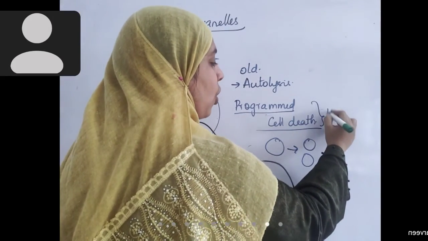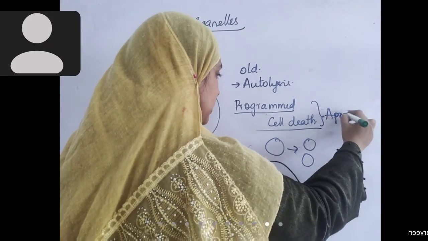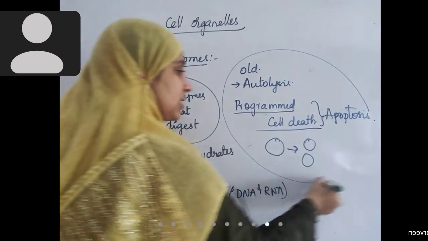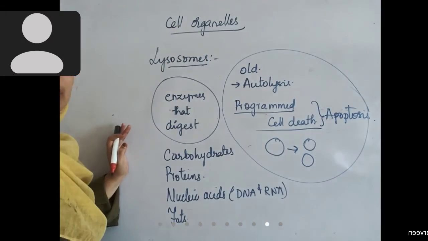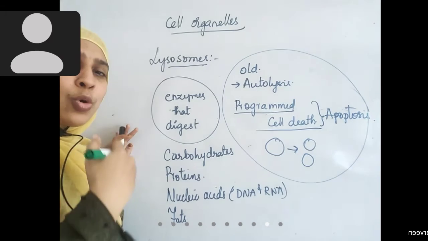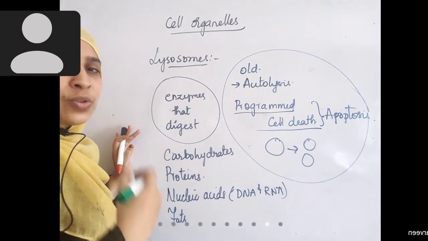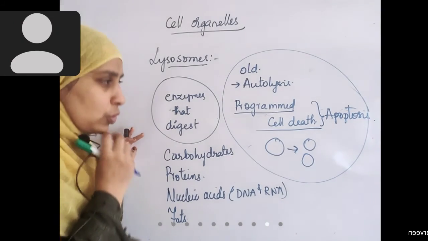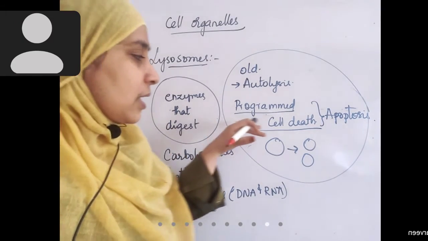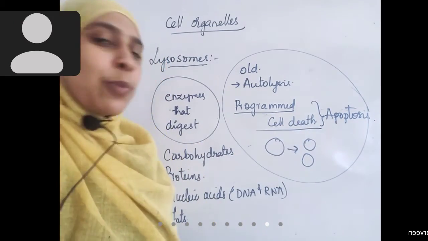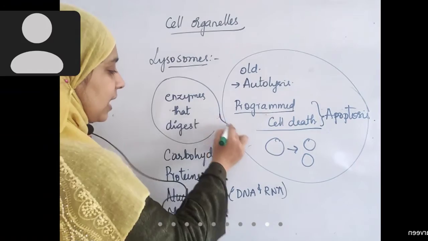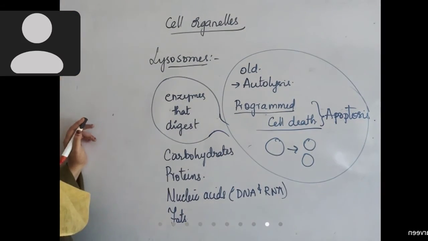This process is called apoptosis. When the cell becomes old, or because of some infection, some defect, or during the synthesis of a new cell there is some fault, then it undergoes programmed cell death called apoptosis. At that time, this lysosome releases all the enzymes into the cell.